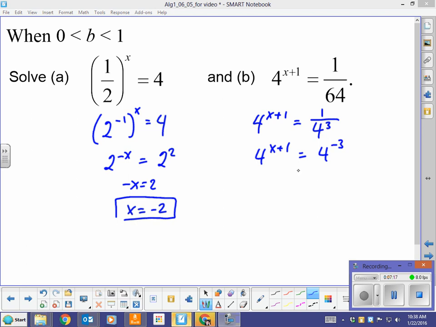So now I can just deal with my exponents. So x plus 1 equals -3. If I subtract 1 from both sides, x equals -4. Okay, so those are some equations.